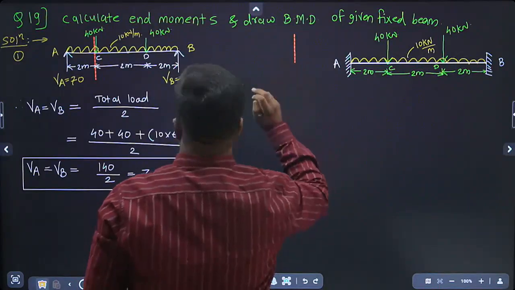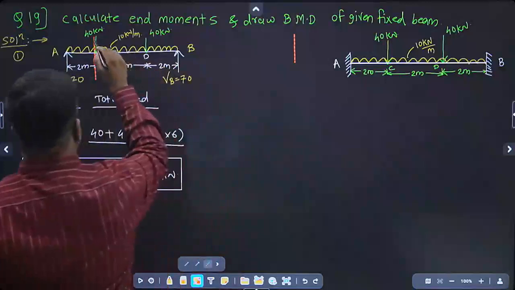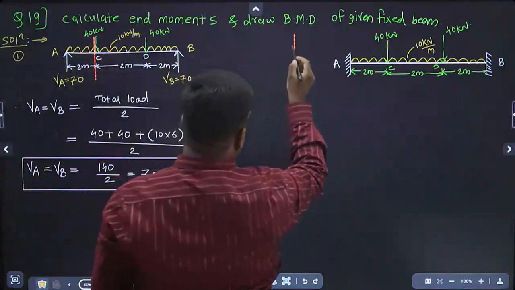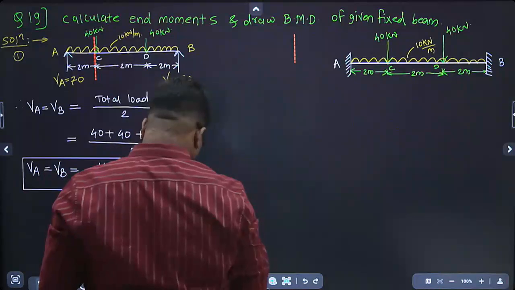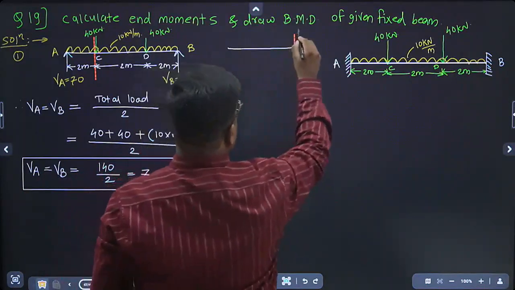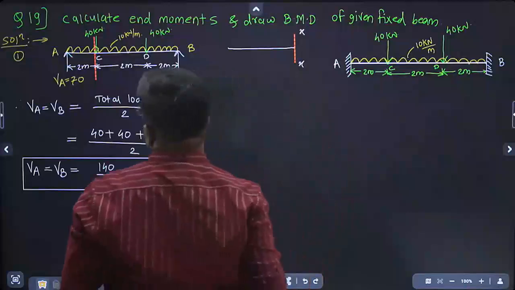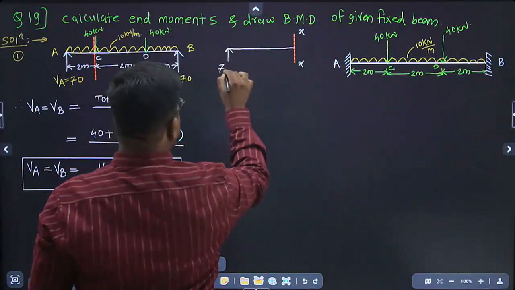and if we consider the left part of this section, suppose this section is x1, or at point C, we can say it is at point C. Now see, this is the beam, the left part of the section we have considered. This is VA, 70.